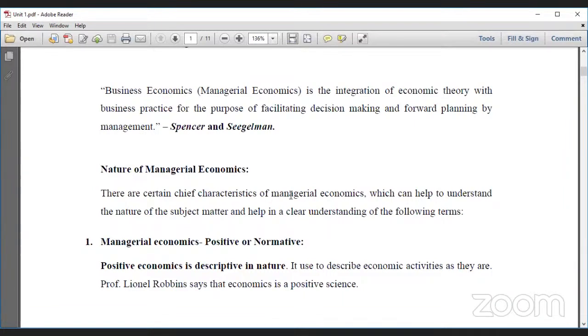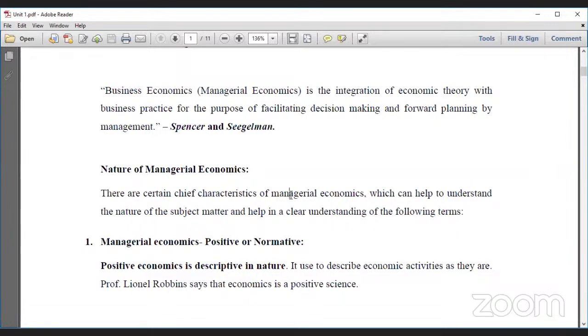So managerial economics is a subset of economics, and it deals with the microeconomic problems faced by business firms and industries.